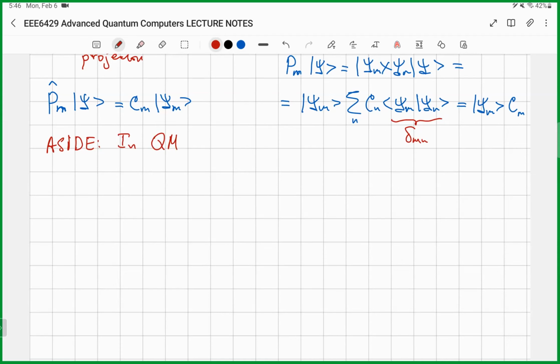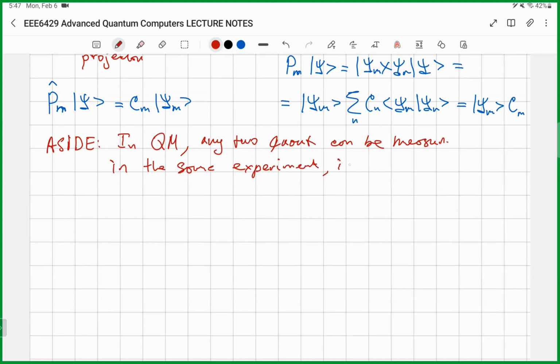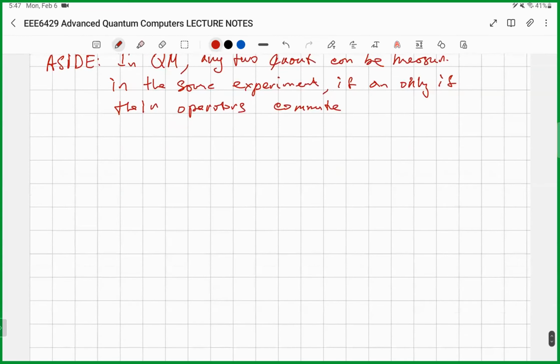In quantum mechanics, any two quantities can be measured in the same experiment if and only if their operators commute.